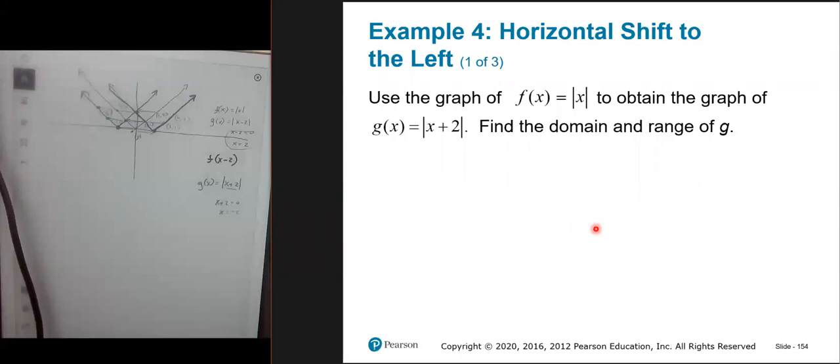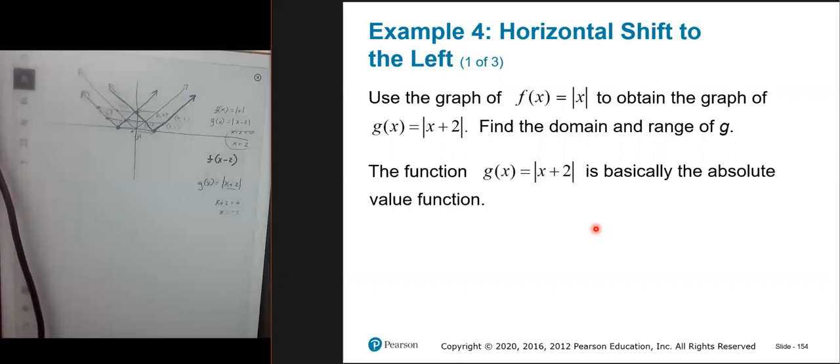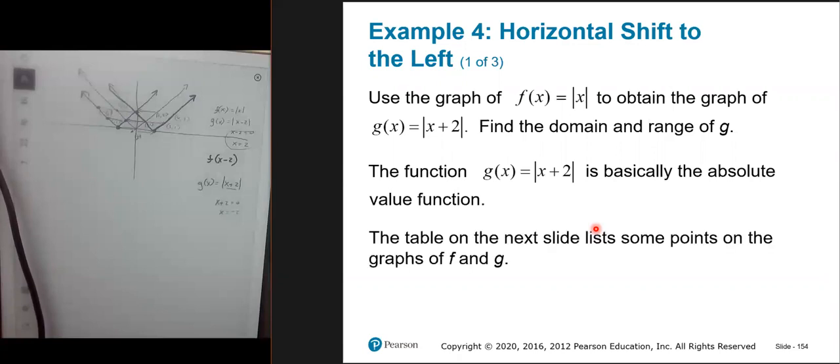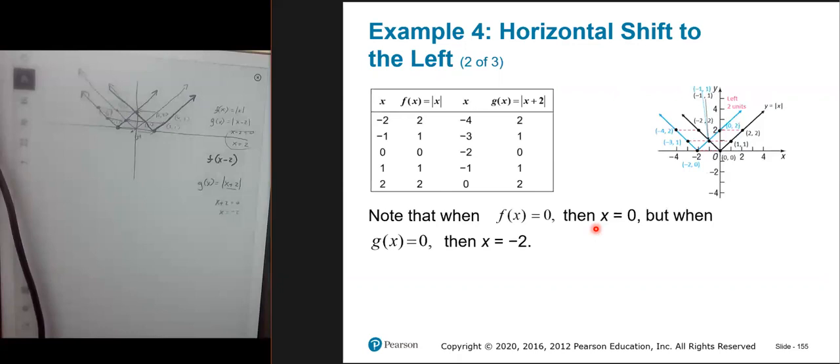So it's kind of opposite, kind of counterintuitive as to exactly what's going on there. And what they did here, like on the previous one, they just subtracted 2 from each of the x values to get the new x values, and the y values remain the same.